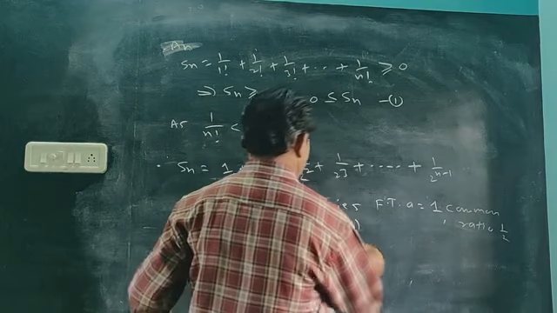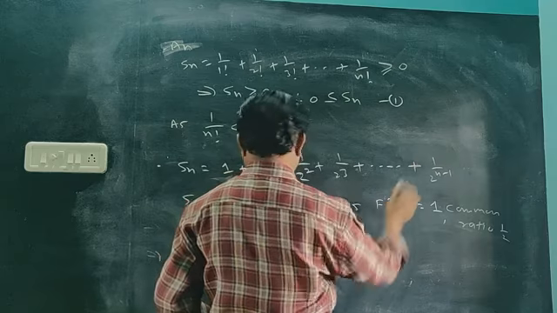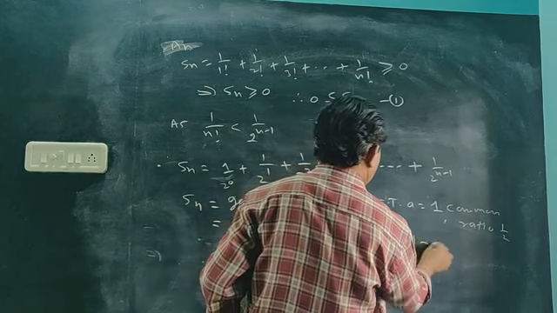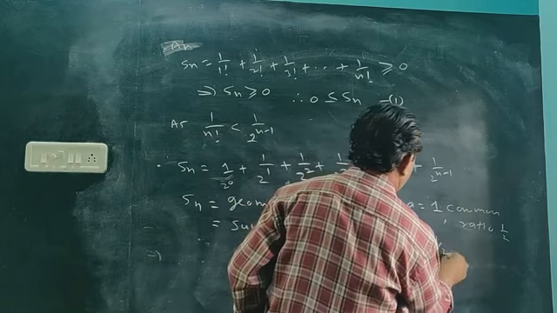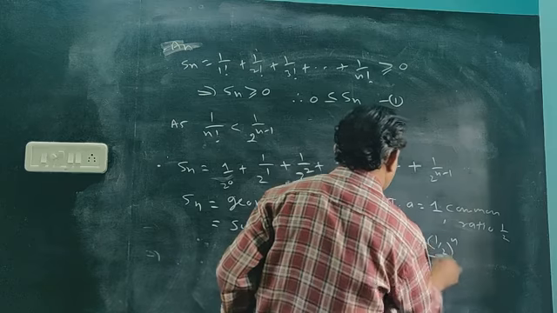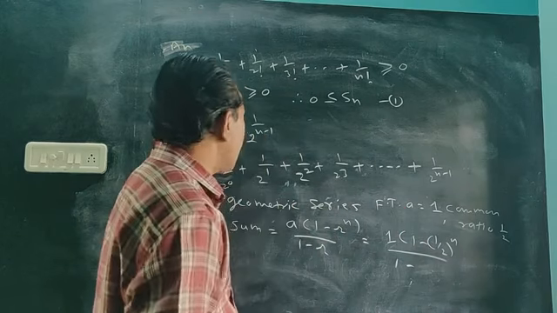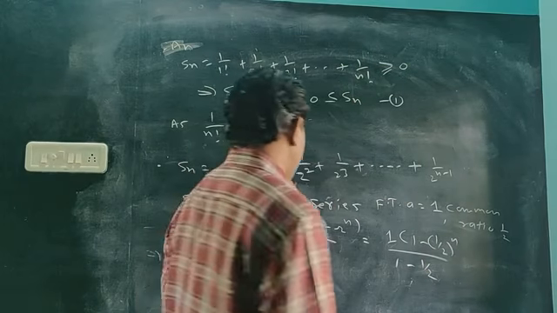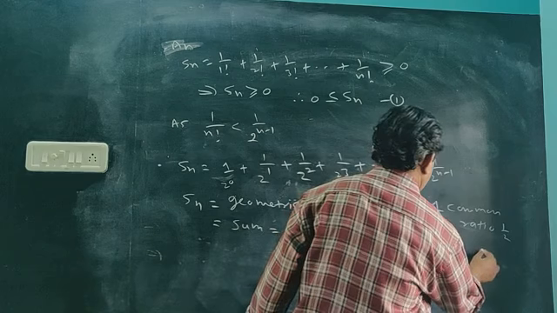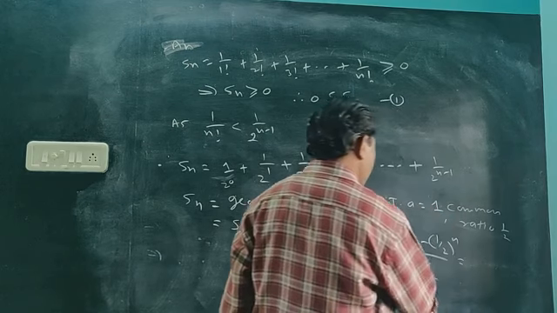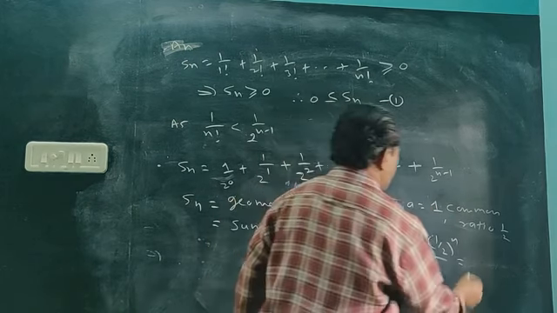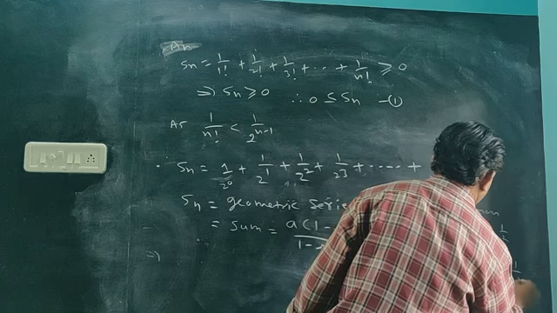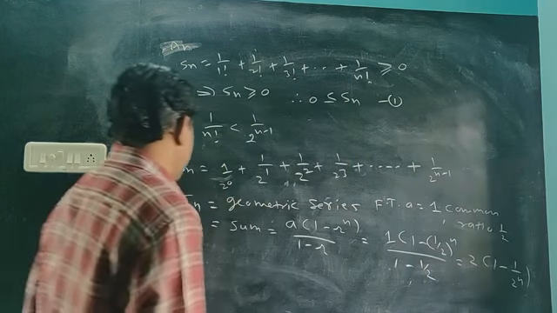So put here: A, the first term of the series, is 1. Common ratio 1 by 2. So 1 minus 1 by 2 raised to power n, divided by 1 minus r, which is 1 by 2. So 1 minus 1 by 2 is 1 by 2, and the numerator comes to 2 into 1 minus 1 by 2 raised to power n.